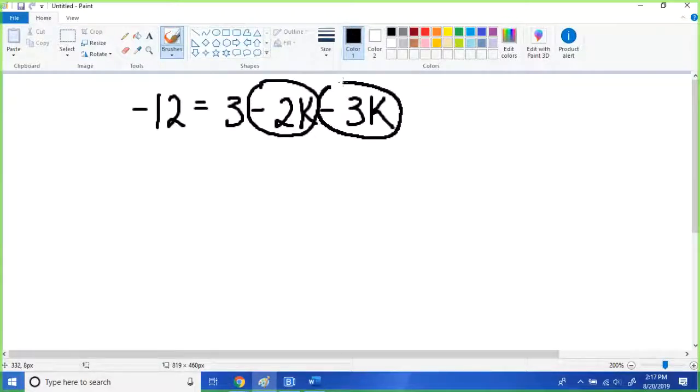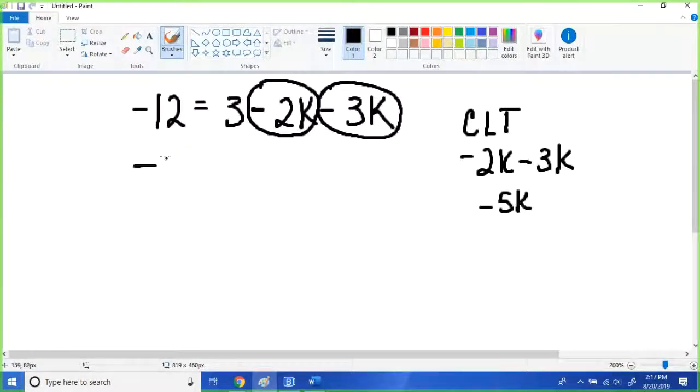And I'm circling the negative sign with the 2k, and also a negative 3k. So with your integer rules, you always take the sign of the biggest number when you're adding and subtracting. The sign of the biggest number is a 3, so it's negative. If the signs are the same, you add them, so it's 5k. So we have negative 12 equals 3 minus 5k.